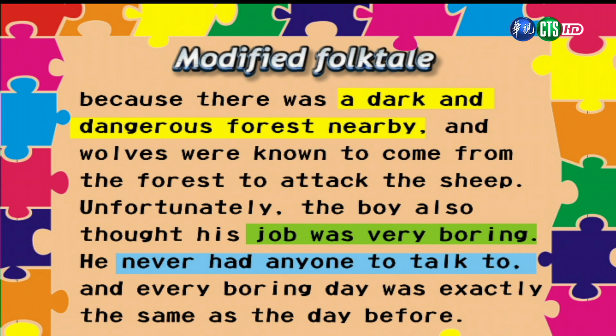Right? And then another thing that we learn is the motivation for the boy to cry wolf. 好,另外一件我们从这个新的版本的故事中知道的很重要的事情呢,是为什么这个男孩要玩这样子的一个把戏,要这样大叫“狼来了,狼来了”。And so here we see in green, highlighted in green, we find that the job is very boring. And then highlighted in blue, we see that the shepherd boy never had anyone to talk to.